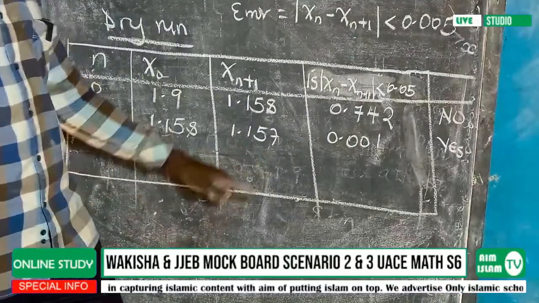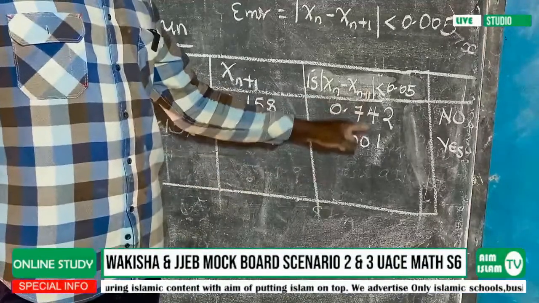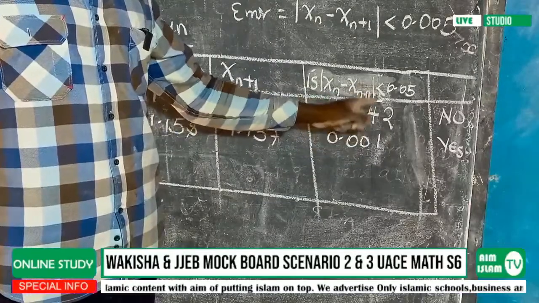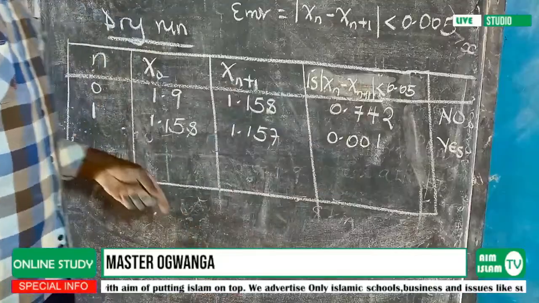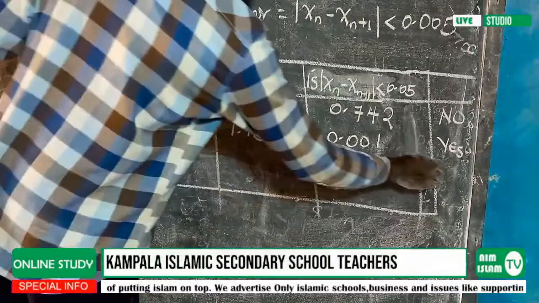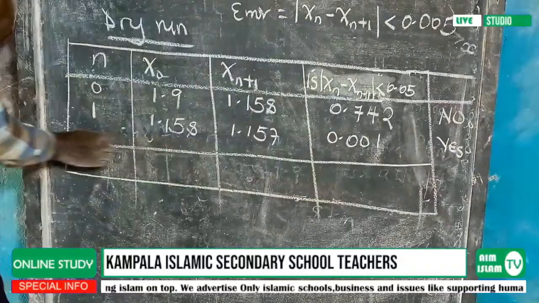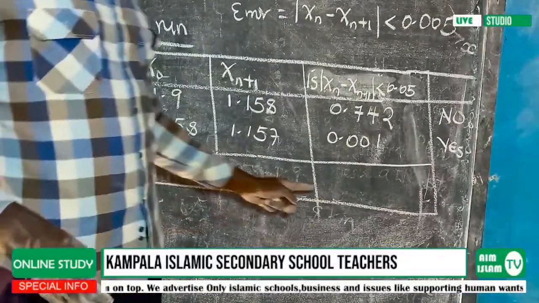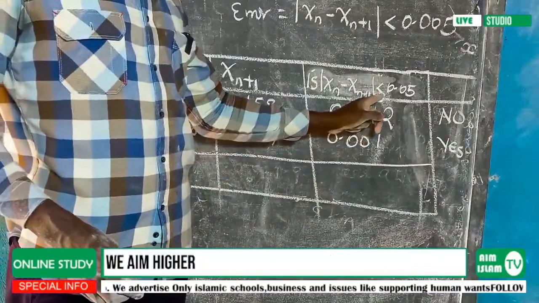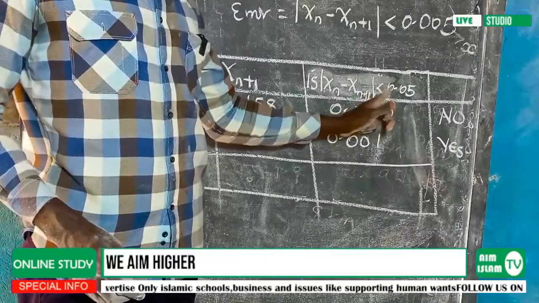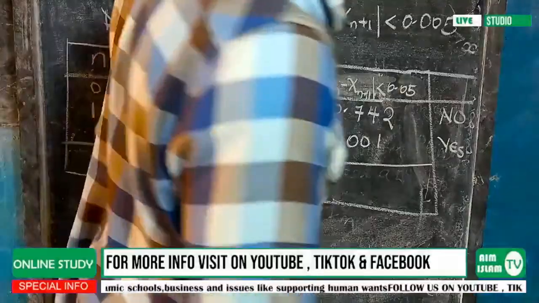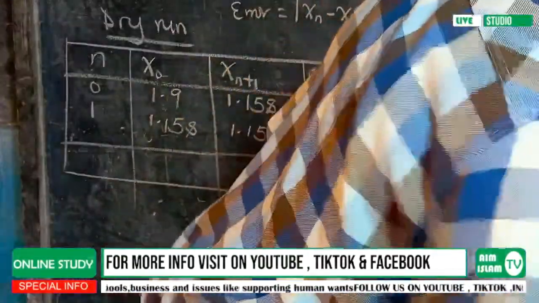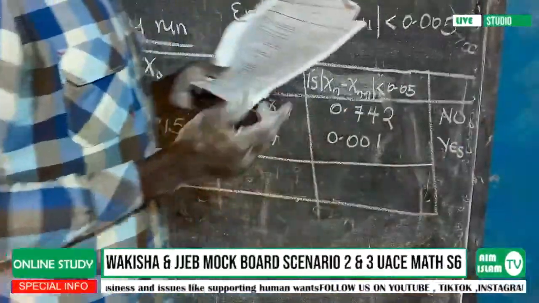A yes means that the root will be lying in that part. So I will not proceed with my calculation because the error we have obtained is less than 0.05. So this will call for a conclusion after a dry run.